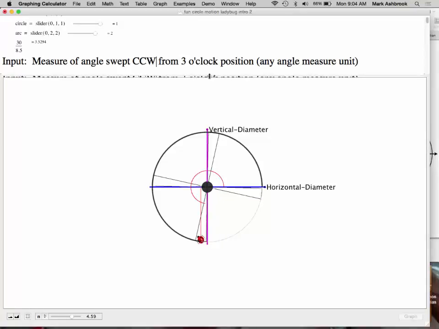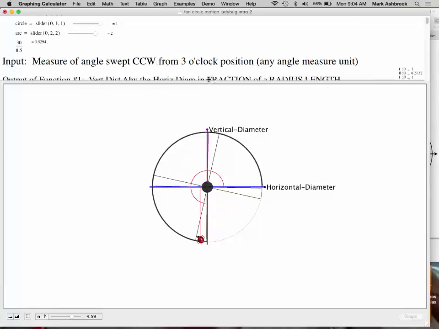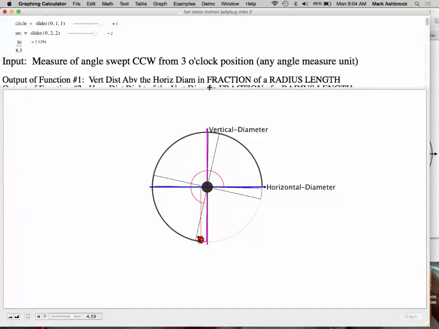Okay, right. So the vertical distance above the horizontal diameter in a fraction of a radius length, right? The vertical distance above the horizontal diameter as a fraction of the radius length. And that's going to give us how high up or down the bug is, right? On the fan. How high up or down.